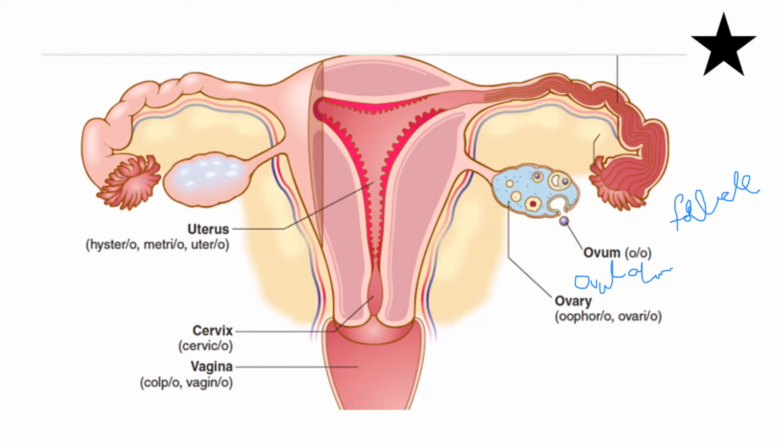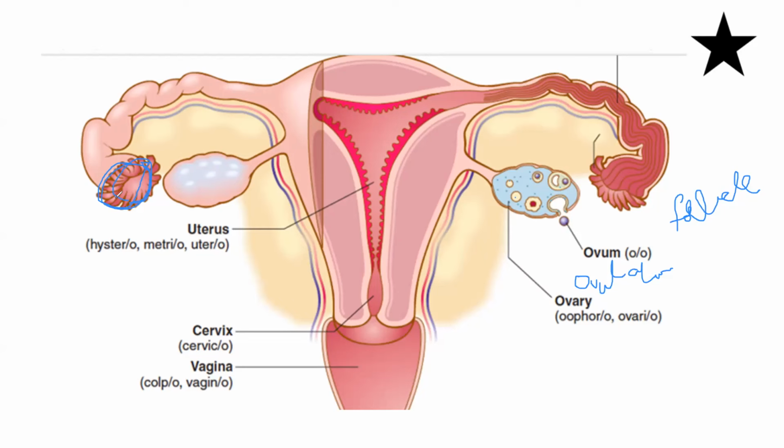Now, before we go further, we will see this fallopian tube. If you look at this end of the fallopian tube, it is like fingers. This is the open end of the tube. This arrangement, this shape, we call fimbriated, finger-like.